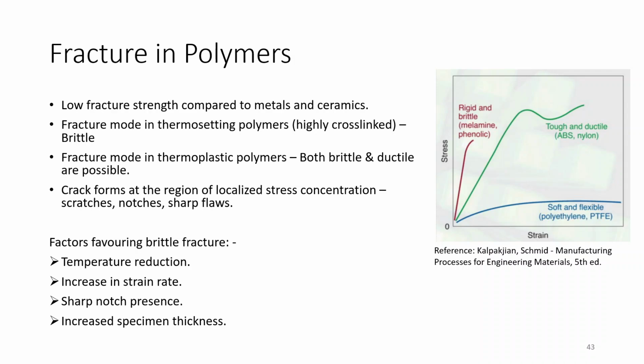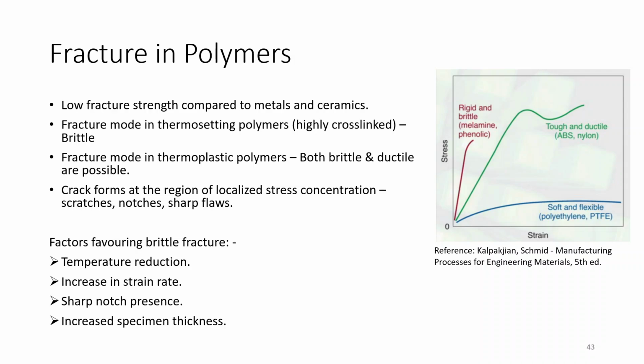Or you can increase the strain rate. If you are applying strain at very fast rates, your material is more likely to behave in a brittle nature. This occurs in both metals as well as in polymers.